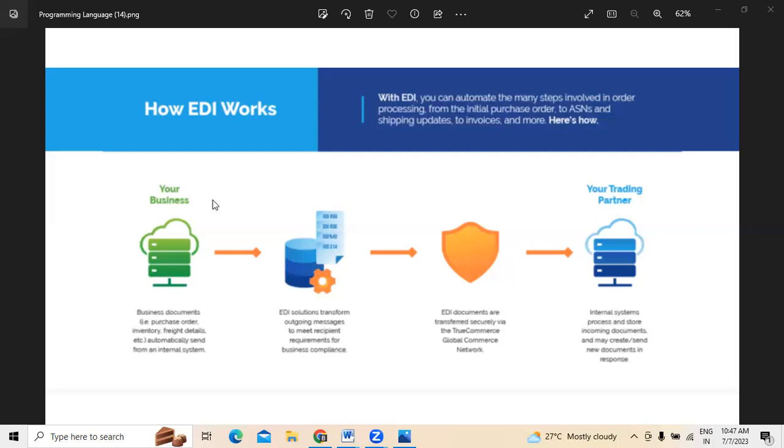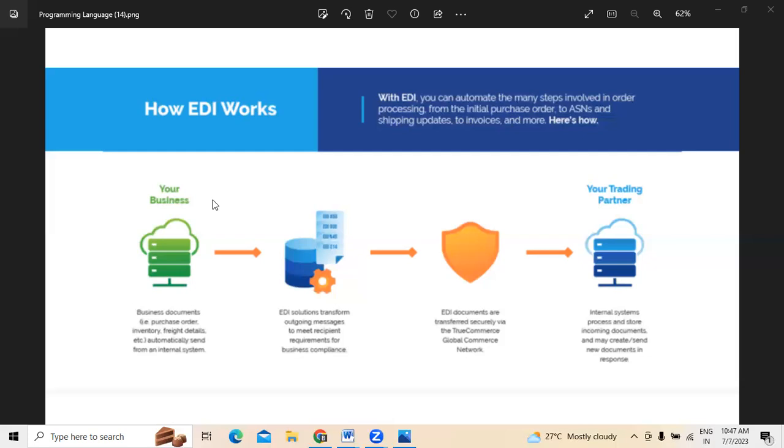The information we send will be stored in their internal system processes. At the same time, whatever documents they prepare and whatever transactions they are about to do, all this information will be stored in the trading partner. So this is how EDI, electronic data interchange, generally works.